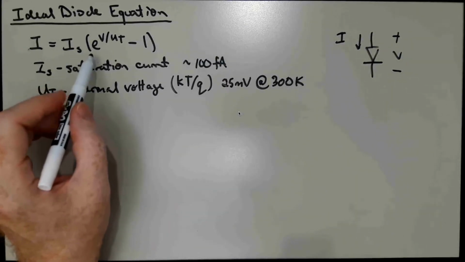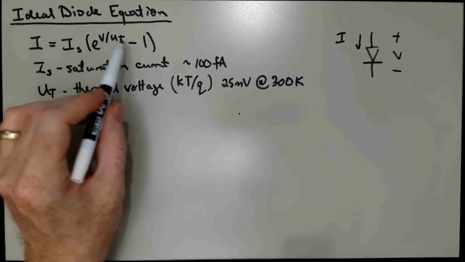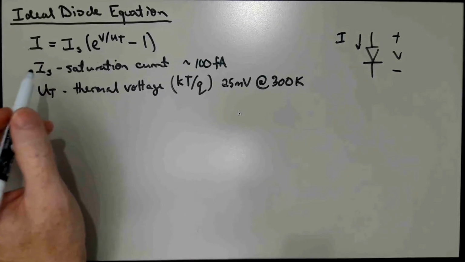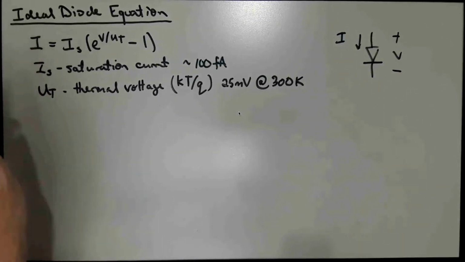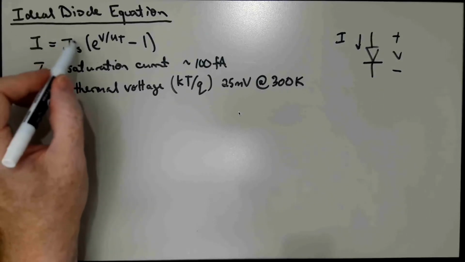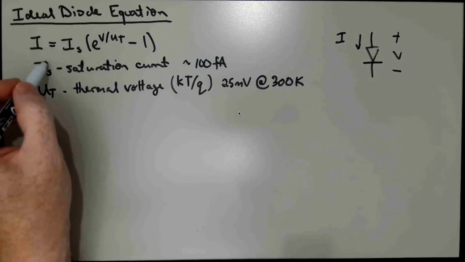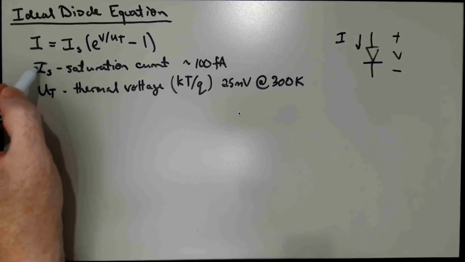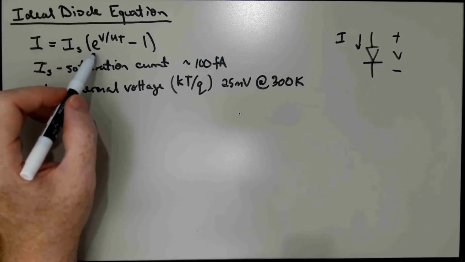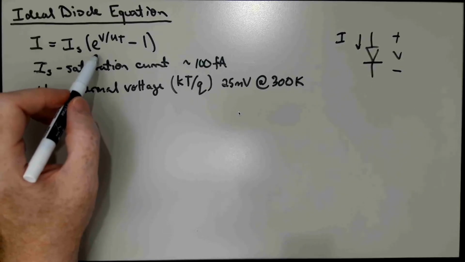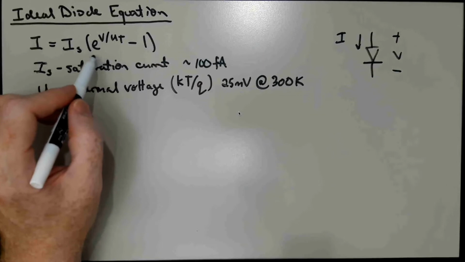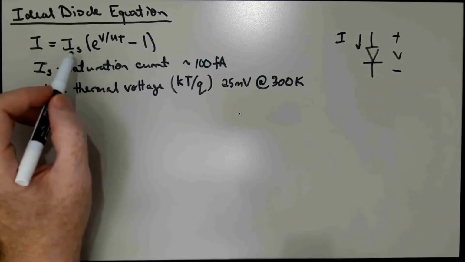Where does this e to the v over ut minus 1 come from? We're not going to be so concerned with exactly what's inside Is, and I'll say more about that a little bit later. But for our purposes, we're interested in painting with broad brushstrokes and trying to get at where this factor comes from that determines the current-voltage relationship.